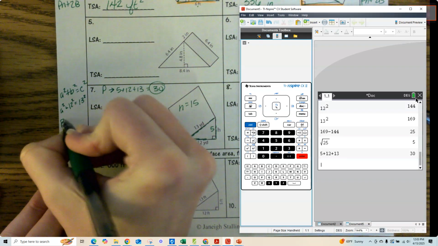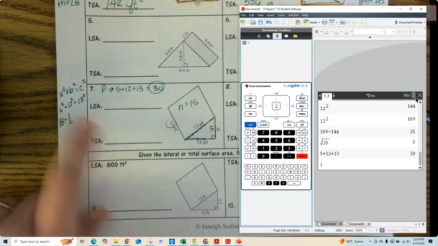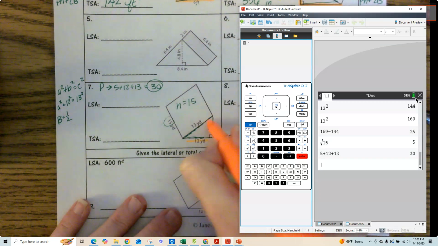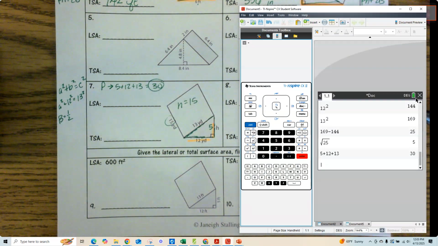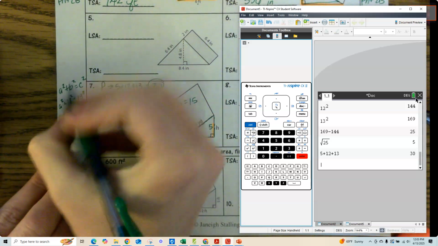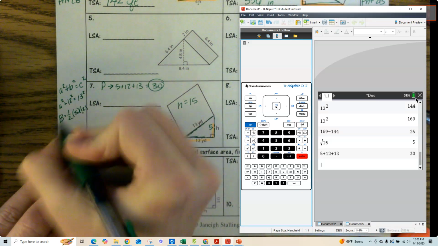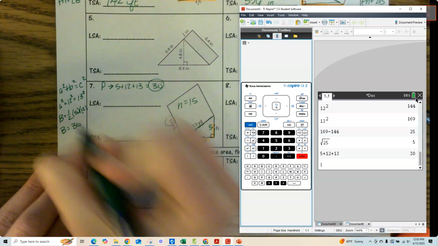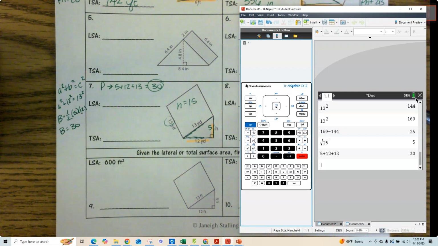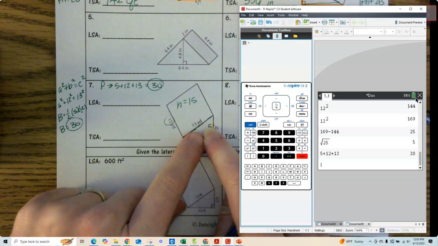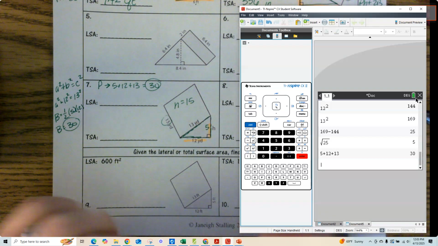And then big B is going to be half. All right, what two measurements do I need to use for the area? Which ones? 5 and 12. The two that make that right angle. So 5 times 12, half of 12 is 6. 6 times 5, big B is 30. So I literally can't do anything until I find that measurement.